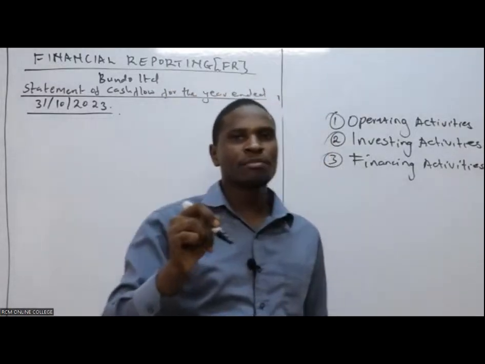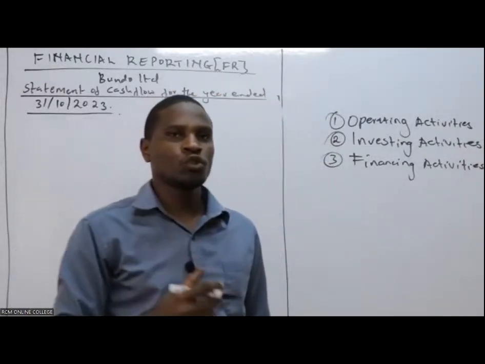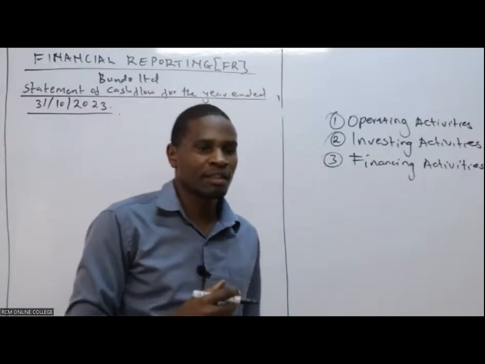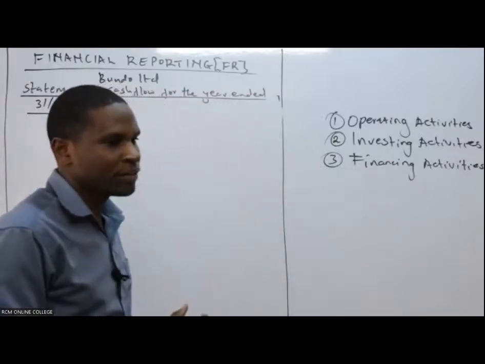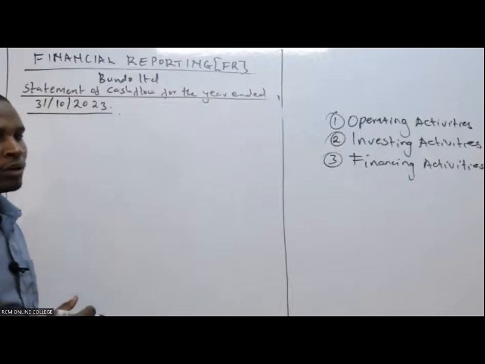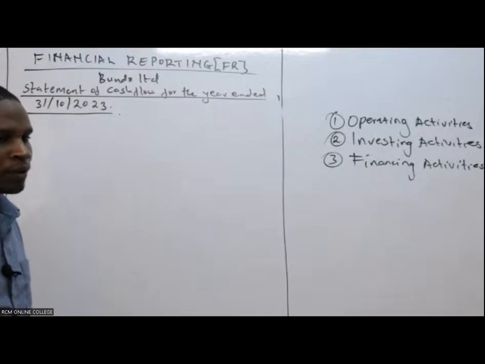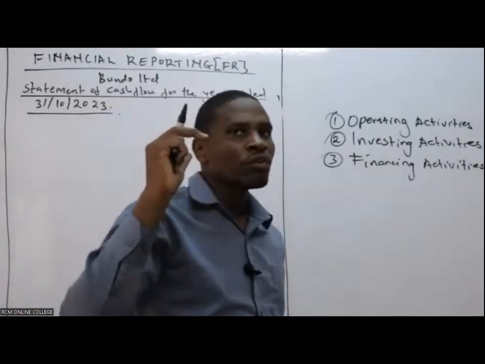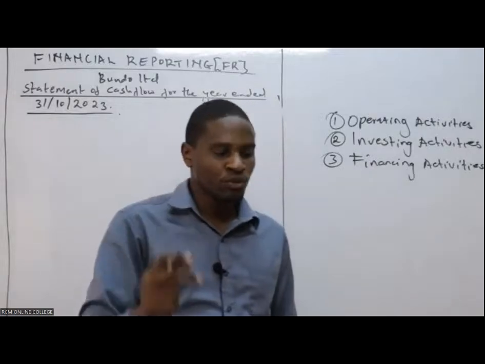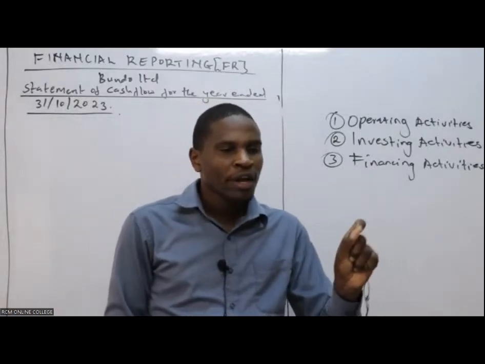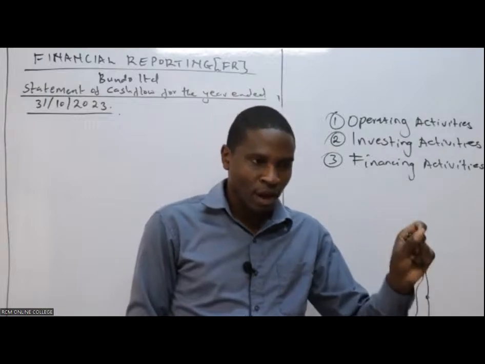Can somebody tell me what will be the next thing to do once you write the heading like that? I'd like you to note that it is always good to check whether our figures are in million or in thousand.